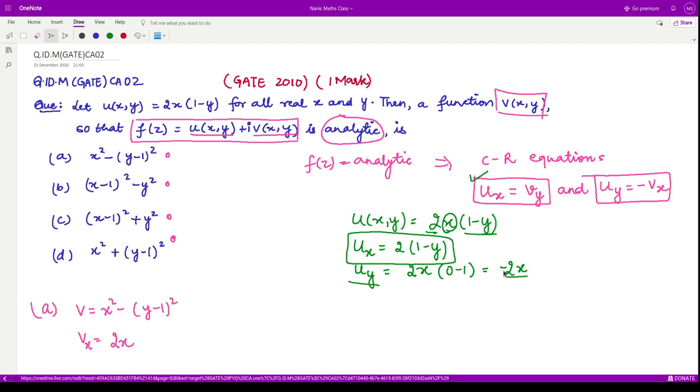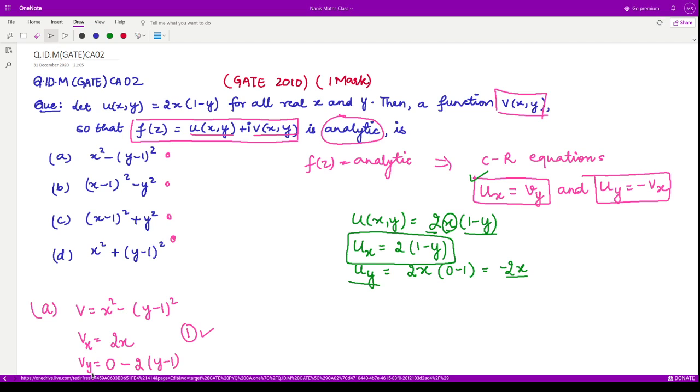Minus u y is minus 2x. So these two are equal, therefore the first condition is satisfied. Now let us calculate v y. Here this term would become 0 because it is independent of y, and the partial derivative of the other term with respect to y would be minus 2 into y minus 1.